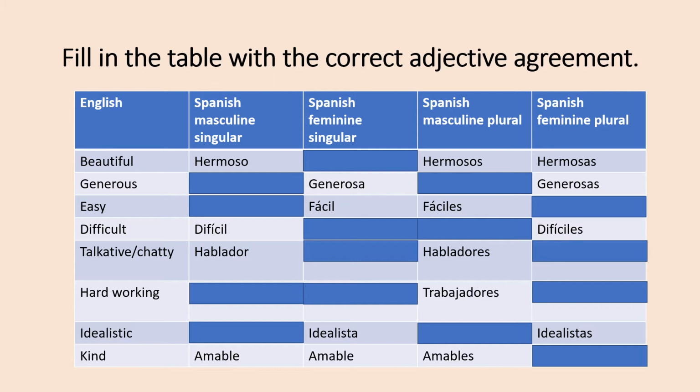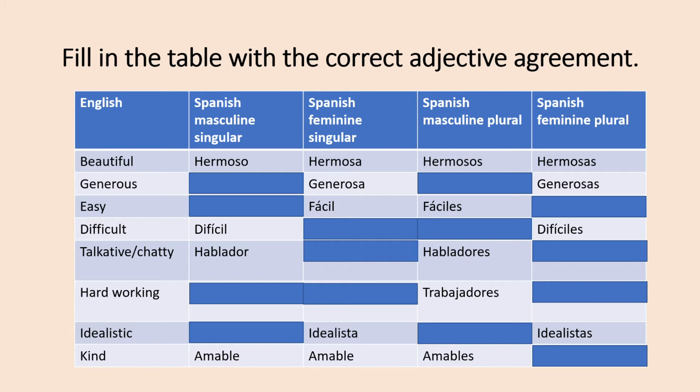We've got a blank for feminine singular, that's the gap we need to fill, but we can see that it's hermosos and hermosas for masculine plural and feminine plural. It ends in an O. This seems like it's going to be a standard adjective, so we just change it to hermosa. Pause the video and give the rest of them a go. Be careful though, because some do not follow all the rules.